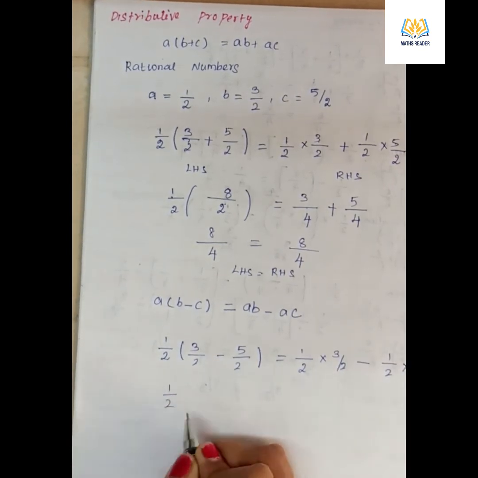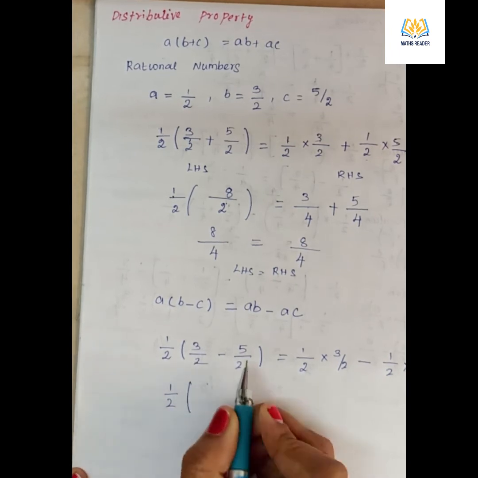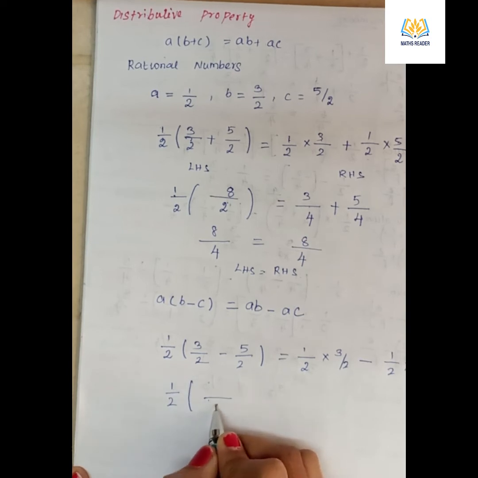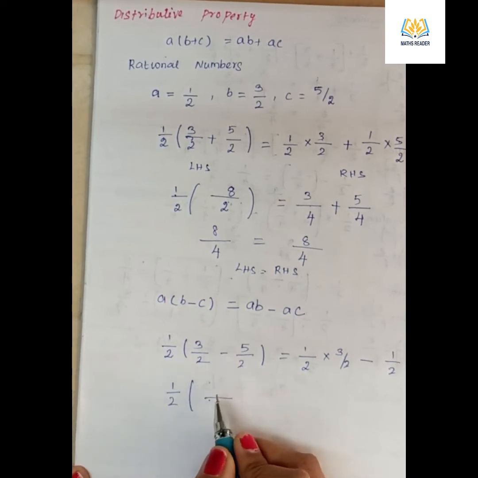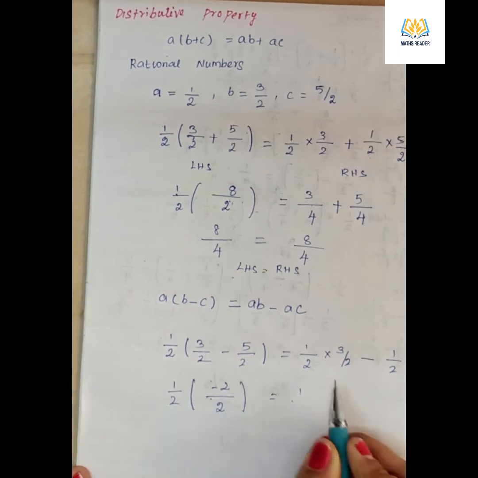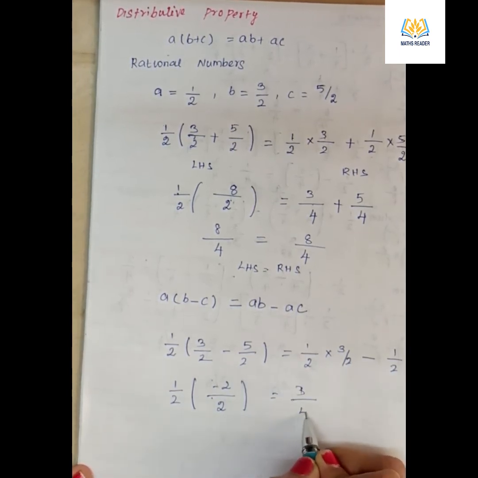So this side 1 by 2, and if we simplify these terms, denominator is same, so 2, 3 minus 5 is minus 2, equal to 3 by 4.